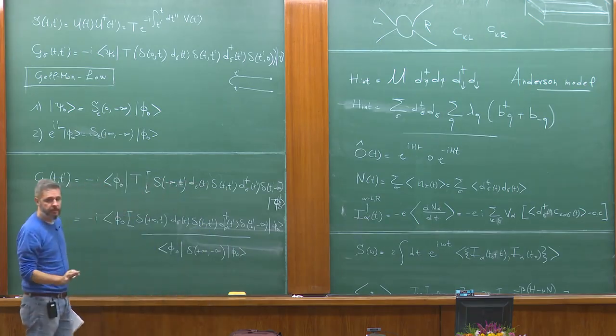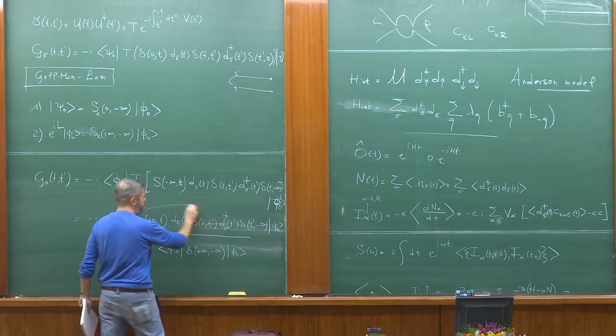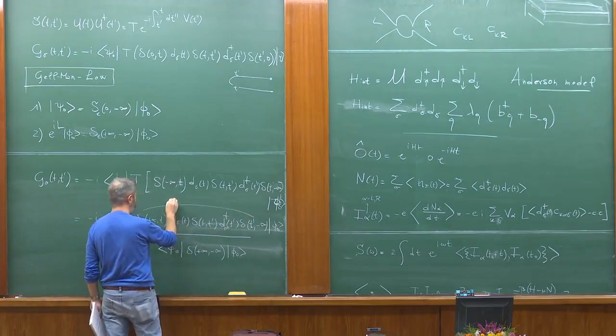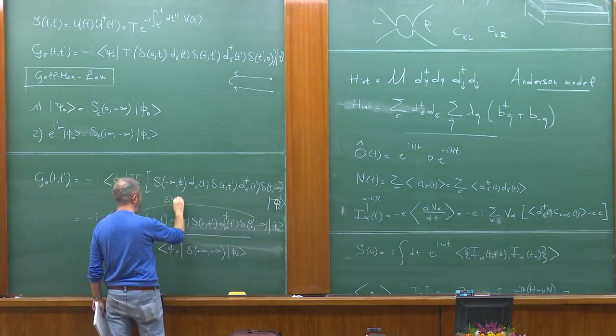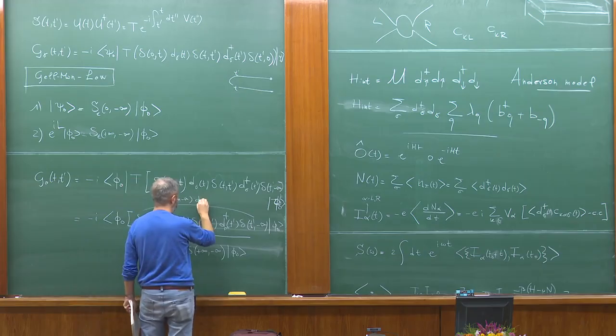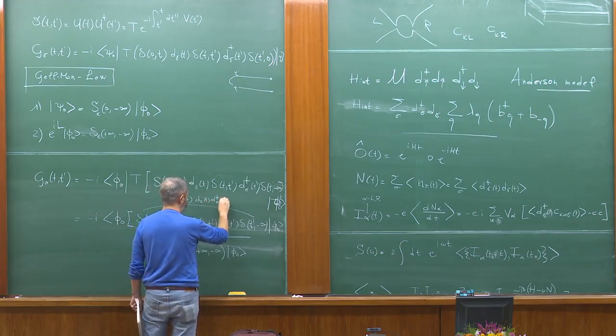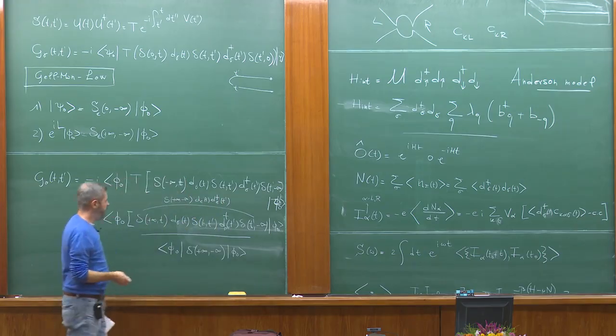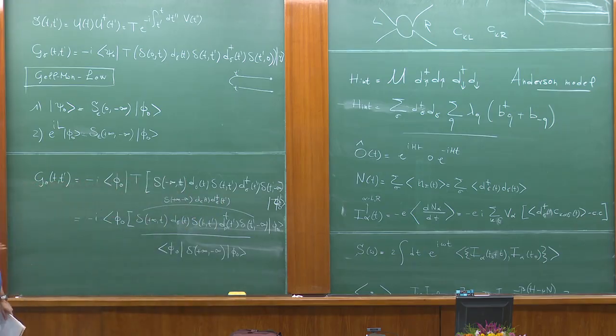And now you're done, because now this collectively you can write as S plus infinity minus infinity, because of the time ordering, because everything is falling inside the time ordering sign, psi dagger(t), psi(t'). And you see that it has the structure that you all love.